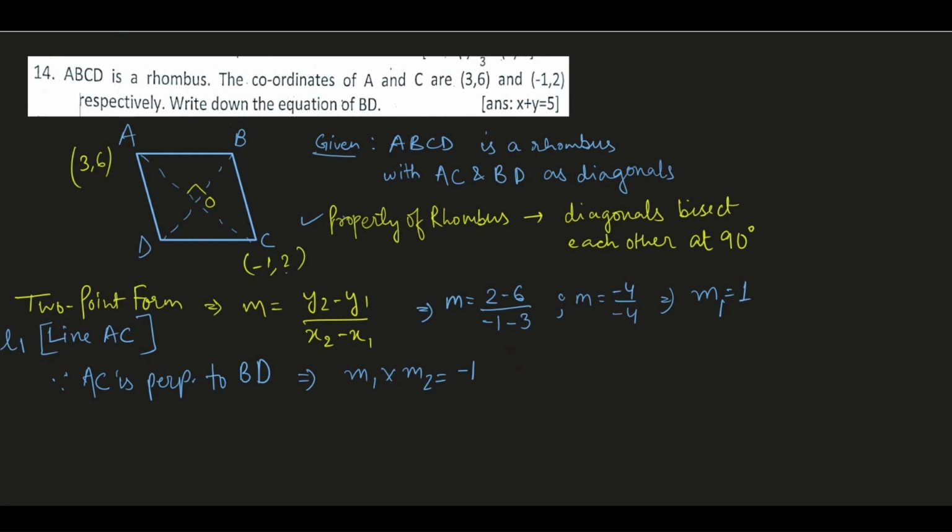Okay. So here M1 is slope of line AC and M2 is slope of line BD. So let's calculate M2 here. M2 is -1 upon M1.